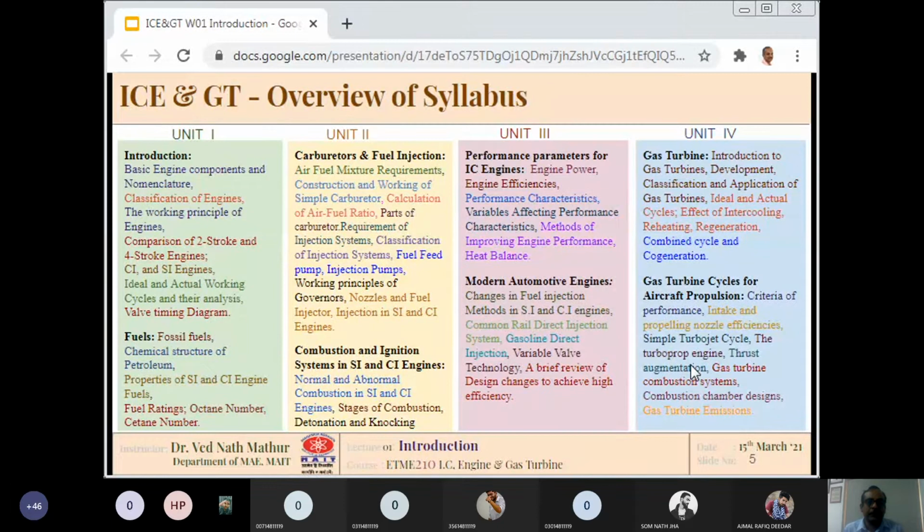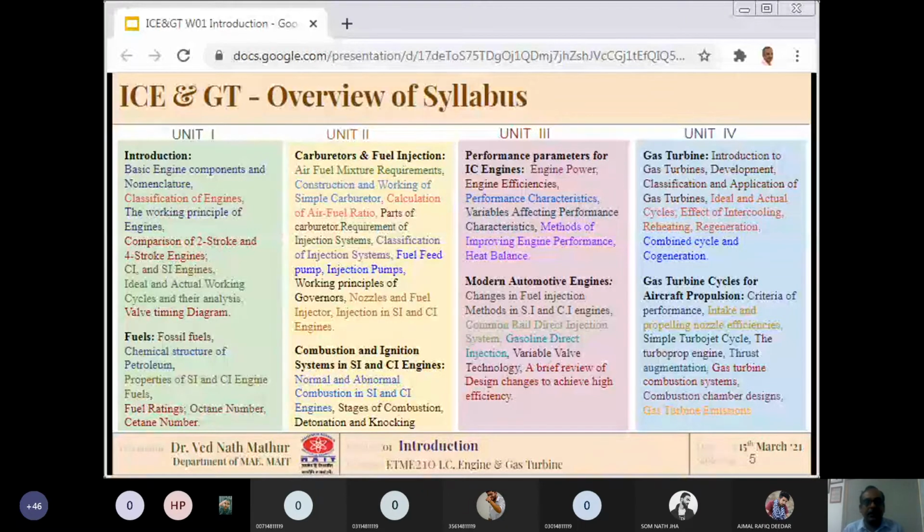So this is, in a nutshell, the entire syllabus of the course. It's a very interesting course. If you love mechanical engineering, it's the most interesting part, because it includes a lot of concepts from other engineering subjects.